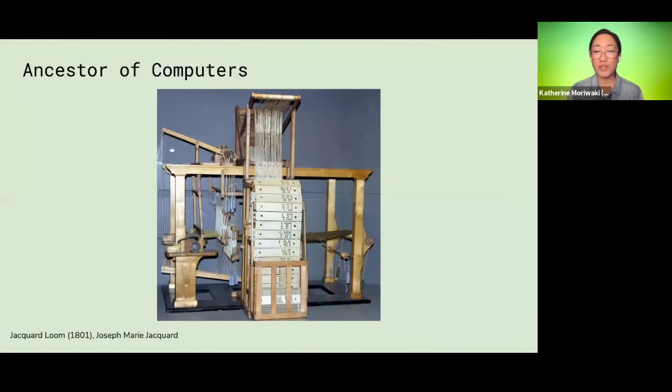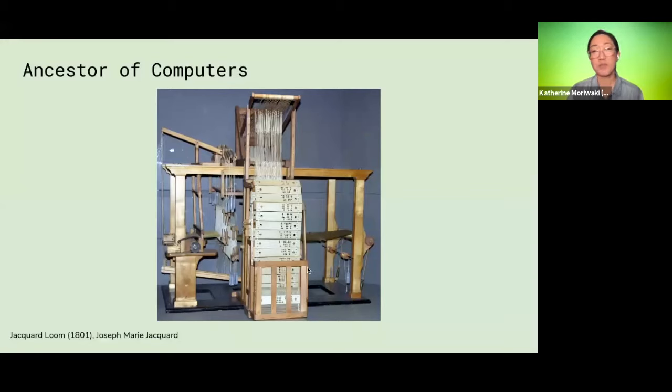What ended up happening with the Jacquard loom, and especially Joseph Marie Jacquard's version of this loom, is that it was driven not by manual human intervention, but automatically through a punch card system.